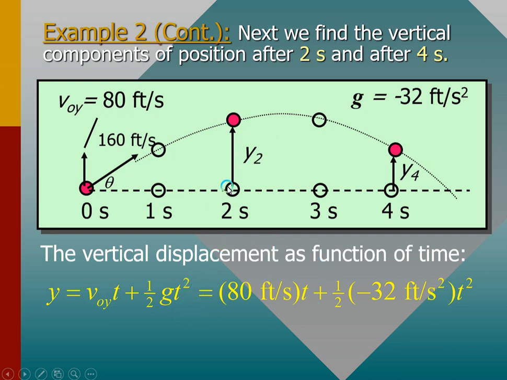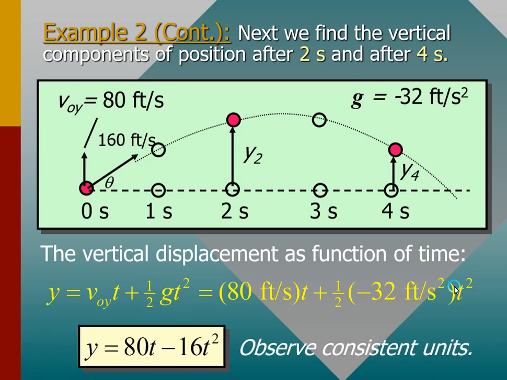So plug in naton ang tanan nga mga given. So we have 80 feet per second times time, so kung ano na din nga time, 2 kag 4, plus 1/2 your gravity nga negative 32 feet per second squared times t squared. So plug in lang natin ang mga values. Kung i-simplify natin, that will be 80t minus 16t squared.